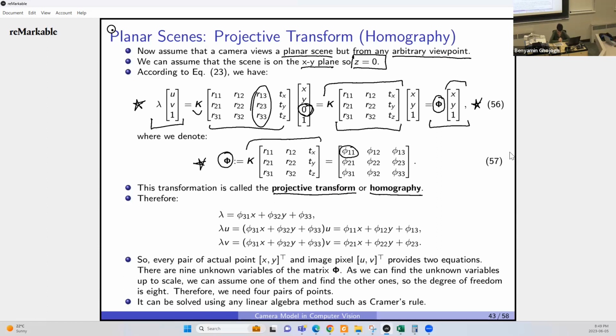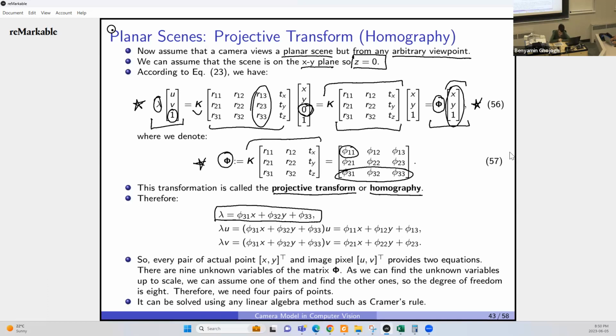Now, again, as before, let's find its equations. Lambda equals lambda times 1 equals this row times xy1. So lambda is phi 31 x plus phi 32 y plus phi 33.